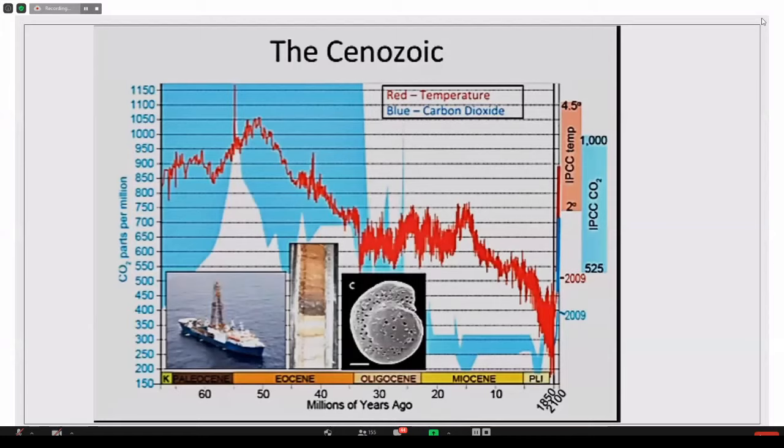So this is the foraminifera, and these are the oxygen atoms. And there are two kinds of oxygen. I hope you know that one is the lighter oxygen, which comprises 8 protons and 8 neutrons, and it is oxygen 16.